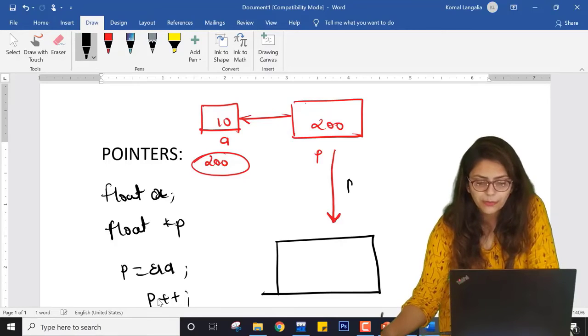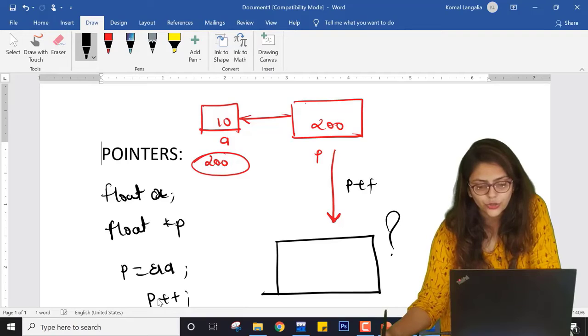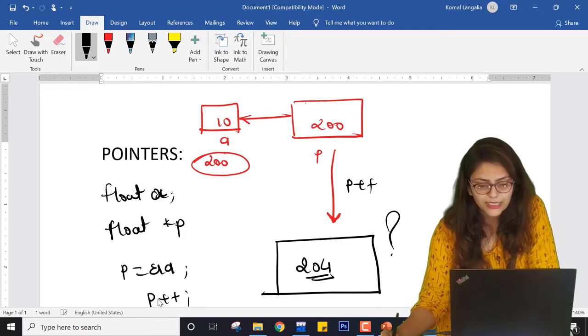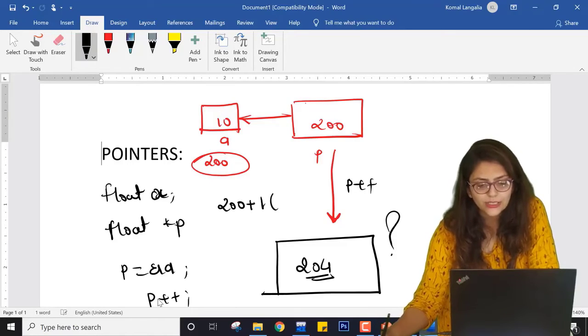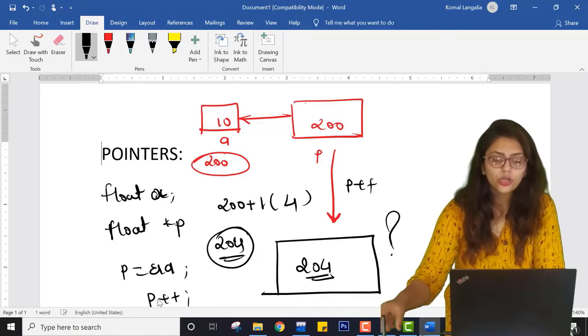So if you are doing p plus plus, what will be the answer over here? The answer will actually be 204. Why 204? Because p currently has 200 value plus 1 into size of float, which is 4, so the answer will be 204. So this is about the scaling factor.